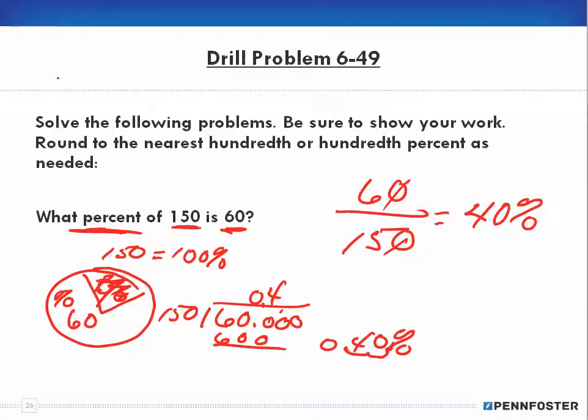Now, for the formula, I'm going to end up with the rate, because I'm looking for the percentage, equal to the portion over the base. My portion in this case is 60, and my base, the whole amount, is 150.